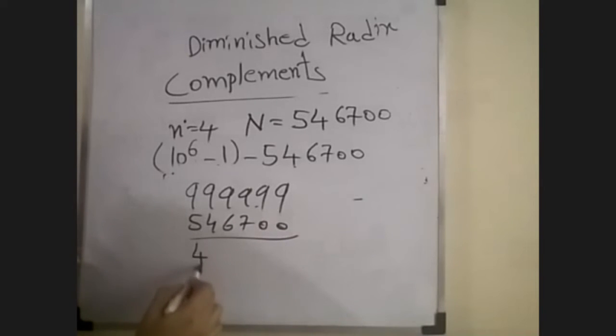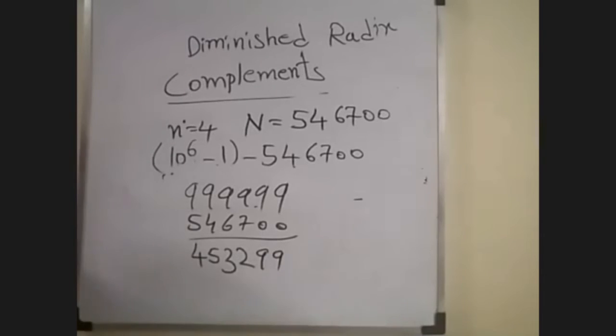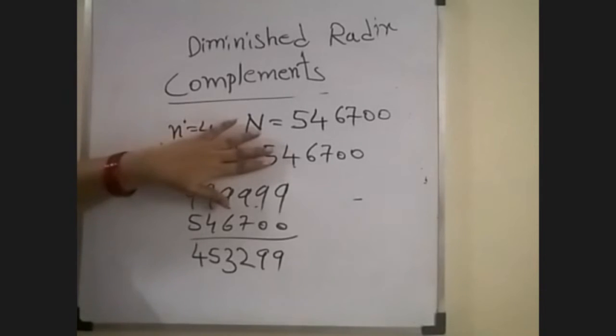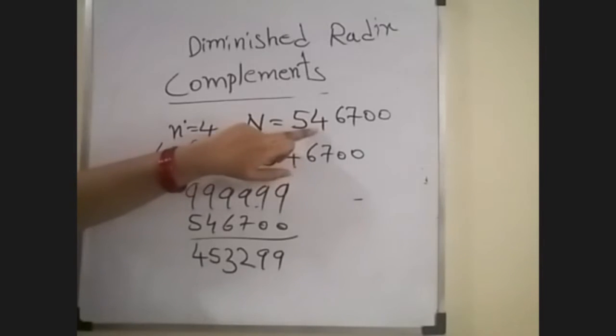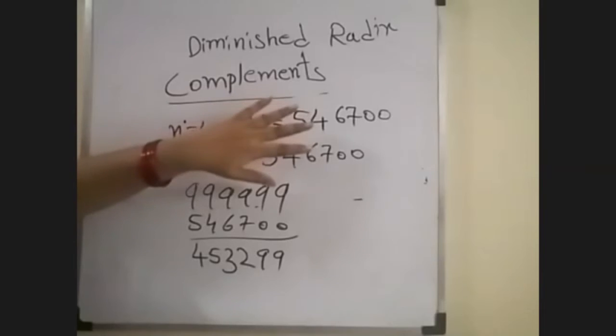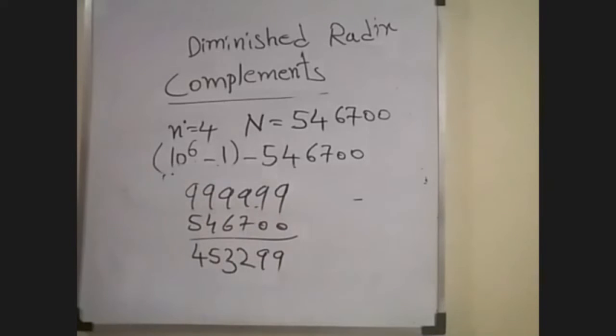You will get the answer 453299. Like this you can apply. Without this formula, see how many digits are there in that particular number, take that many nines and subtract. So this is the nines complement.